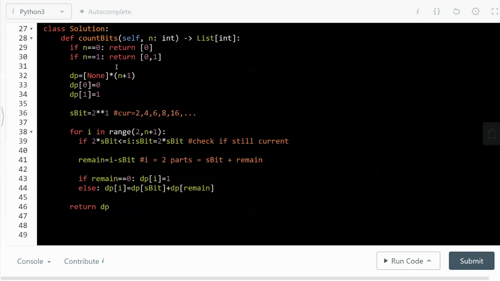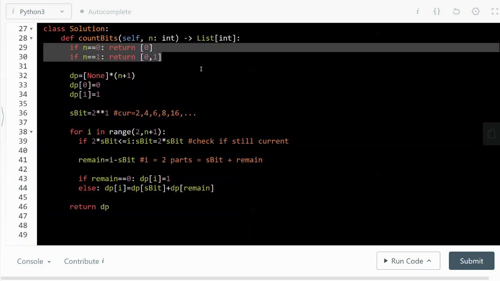Okay, now this is the implementation. First, I have two edge cases. When n is equal to 0 or n equal to 1, I'm going to return these two lists, which are 1 and 0, 1. And now we have a DP array, which stands for dynamic programming.